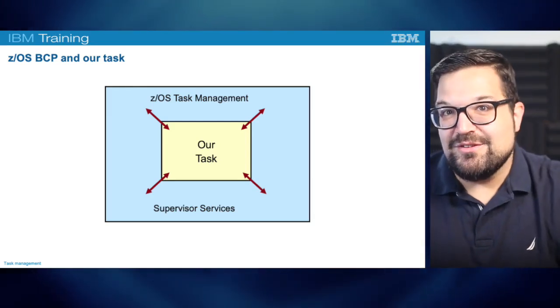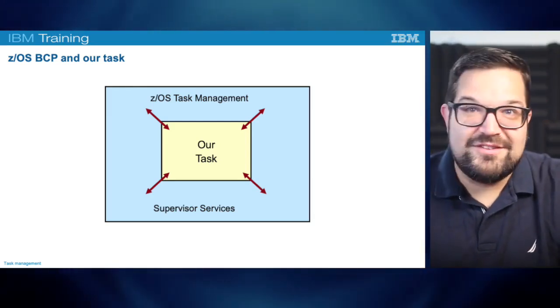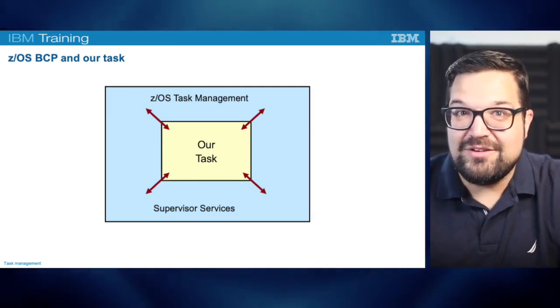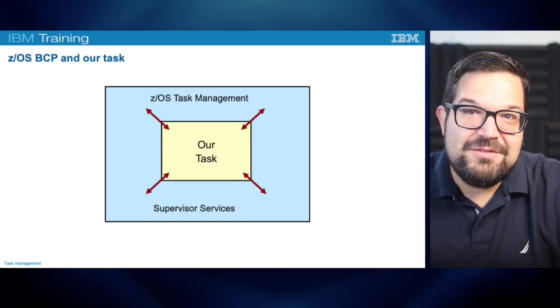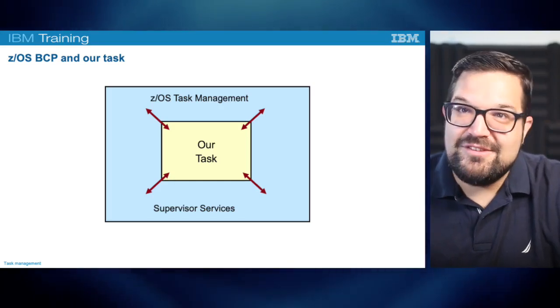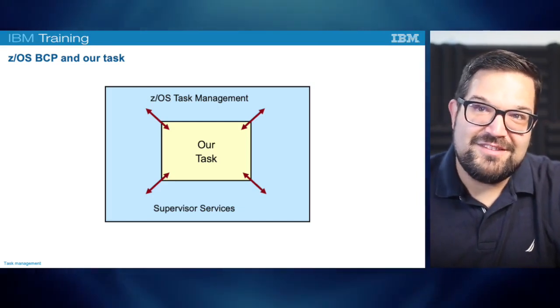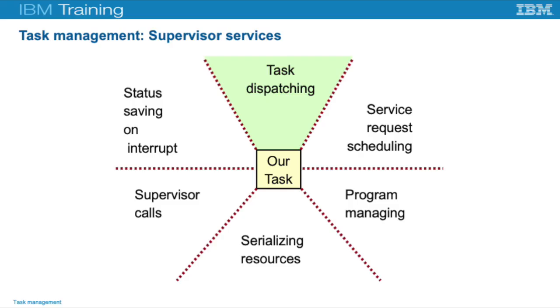Back to execution. When a job is scheduled for execution, the job step becomes a task or work for z/OS to complete. If there's a multiple step job, each step will become a task which executes after the previous task is complete. Dispatching a task involves determining which unit of work to process next.